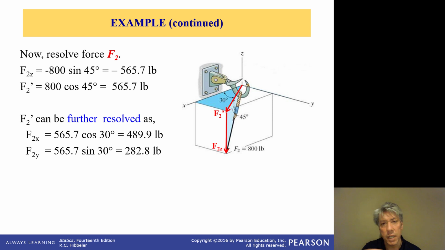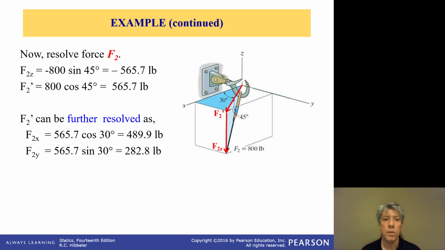F2 prime, which is in the xy plane, however, would simply be 800 times cosine of 45 degrees, because notice it's the cosine side, since F2 prime is touching the 45-degree angle, or it's adjacent to the 45-degree angle. So numerically, since sine and cosine of 45 come out to the same thing, we end up with 565.7 again.